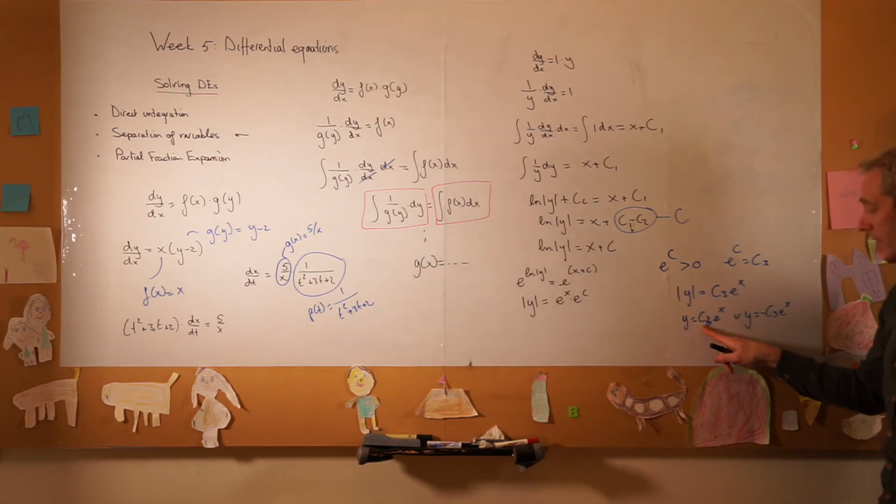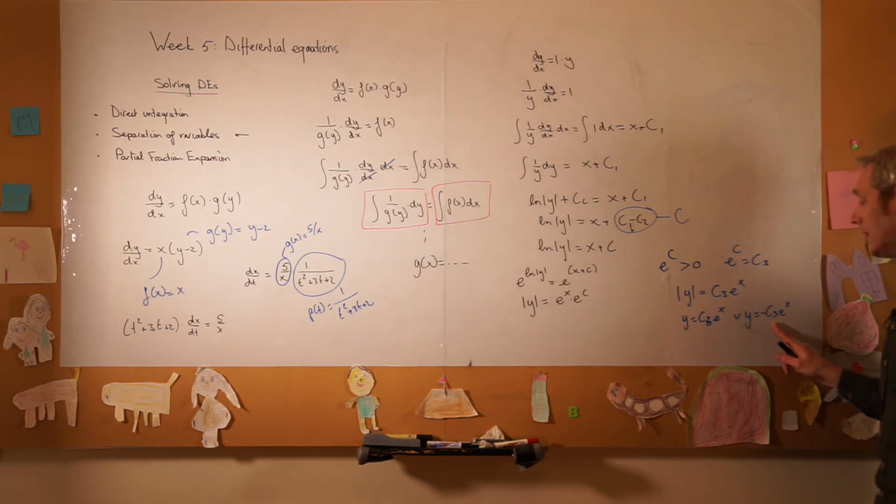So for positive values of c3, we get a solution, and for negative values of c3, we get a solution.